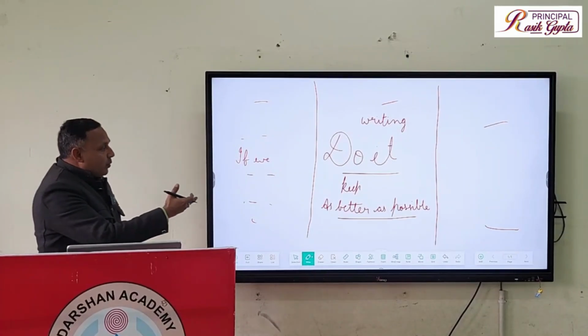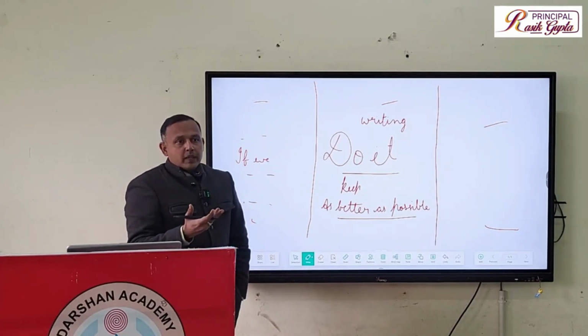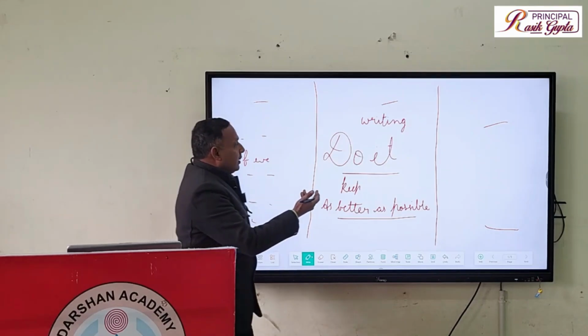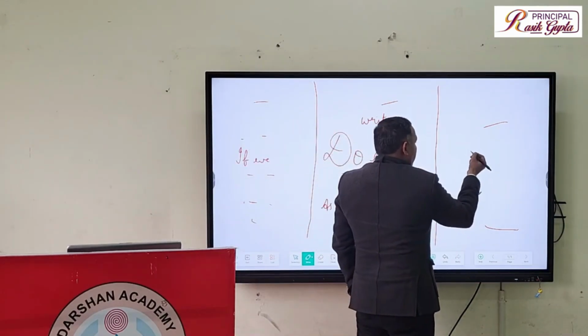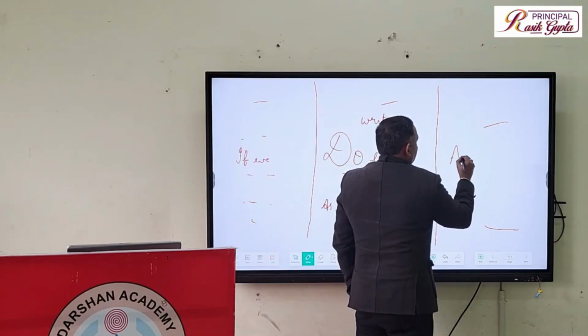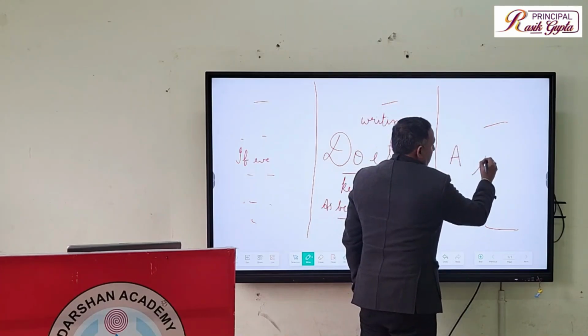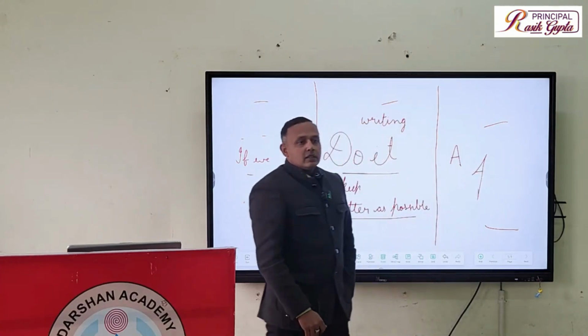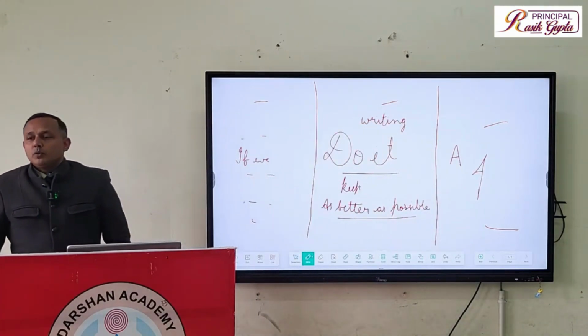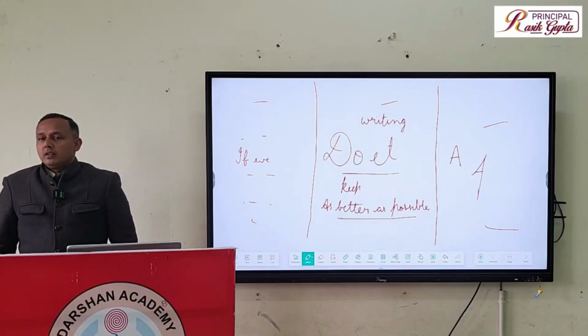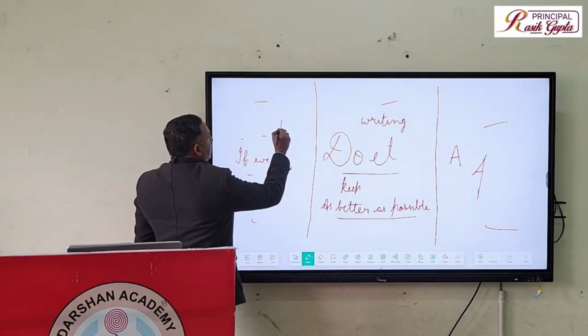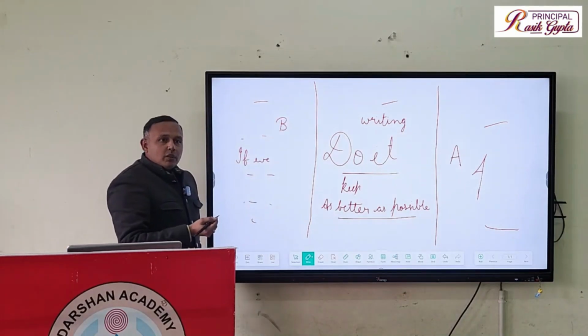Fine. My letter formation cannot go wrong. It is cursive. Even if I have to write capital, I'll write A like this only, no? Can't write A like this. Can't say it is the fault of the board. If B has to be this, it has to be like this only, no?